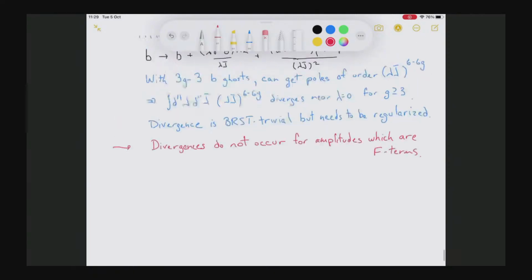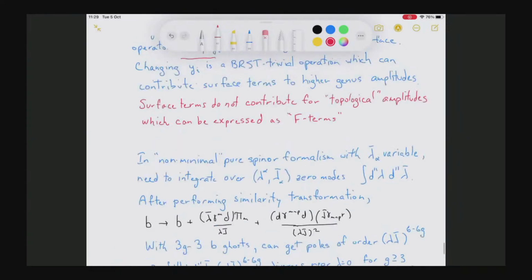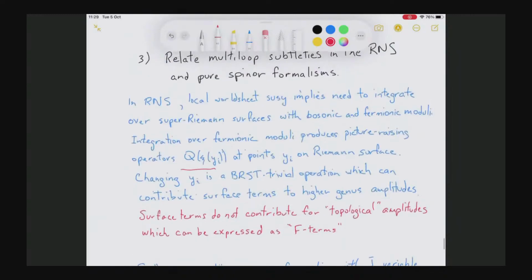So I was wondering whether, given that you can relate the RNS formalism to the superspace pure spinor formalism, there's a way to see something like that in the other formalism.